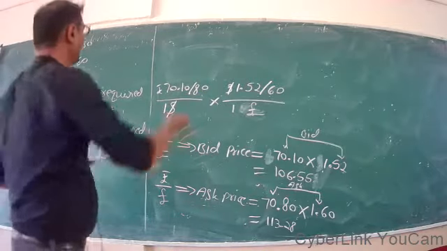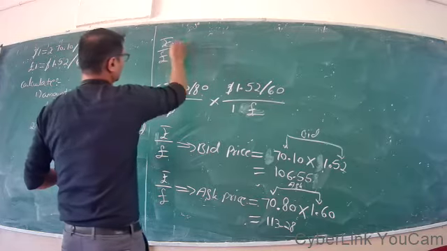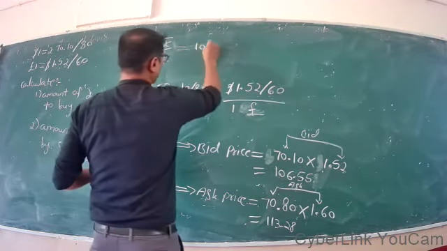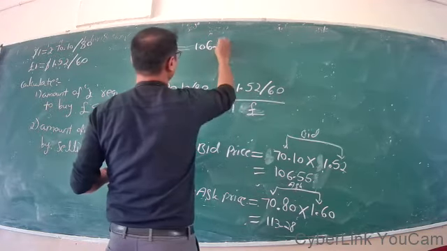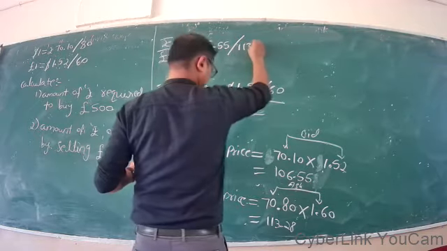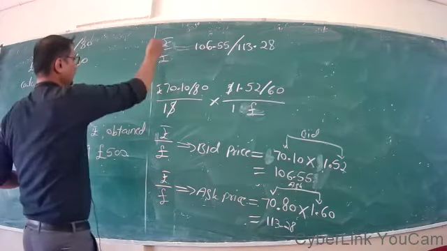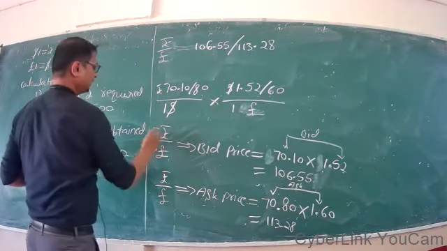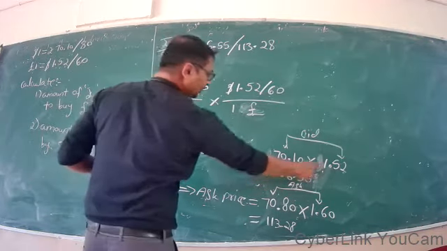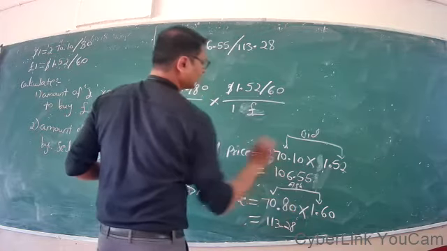So now we have derived rupee per sterling pound: bid is 106.55 oblique ask is 113.28, right? So now we have established the relationship between rupee and sterling pound. So the bid price is derived by multiplying bid into bid, and the ask price is derived by multiplying ask into ask, right?